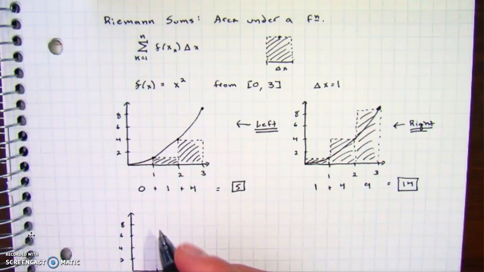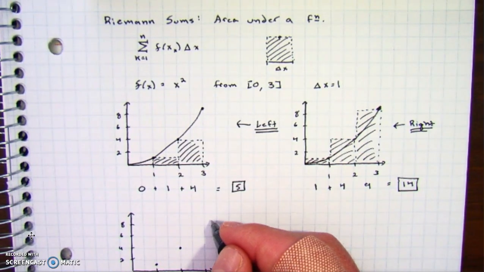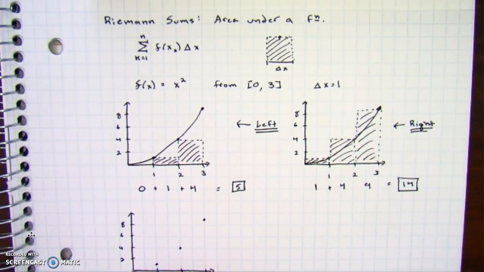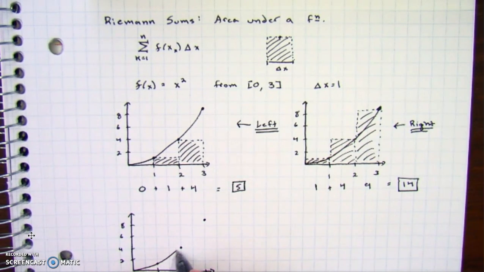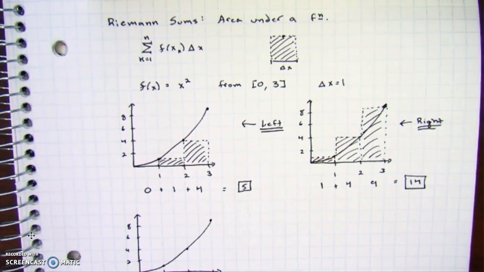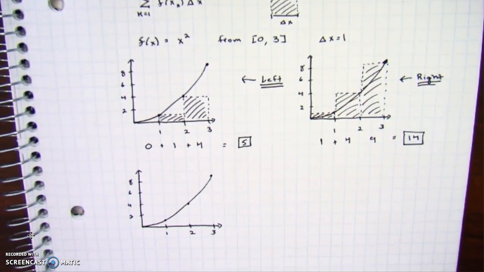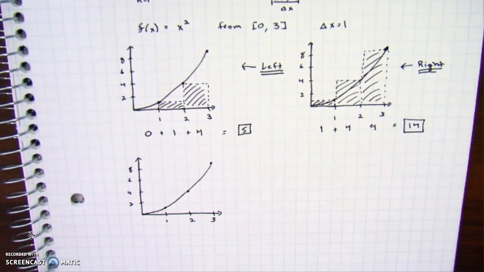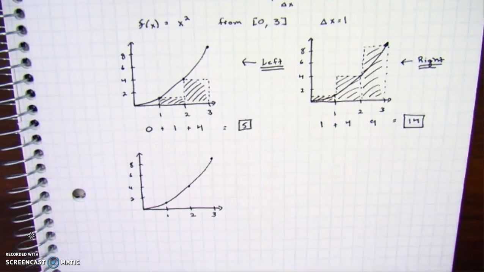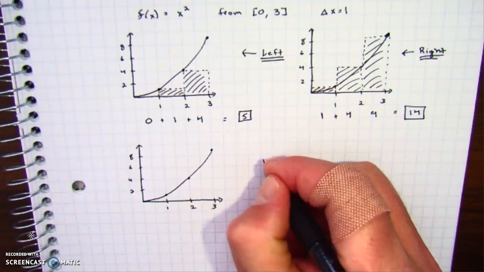All right, so let's draw our curve. 1, 4, and 9. All right, there we go. Let's scroll down just a little. All right, so our delta x, let's get rid of that. There we go. So this is going to be the midpoint.